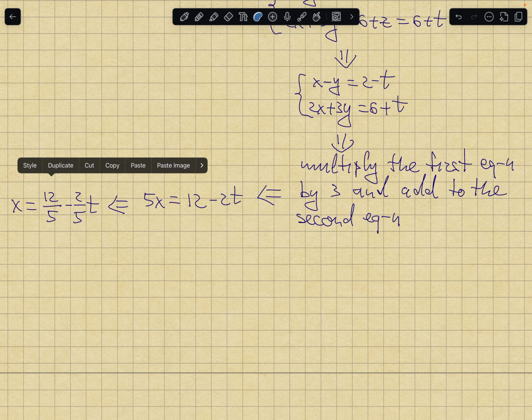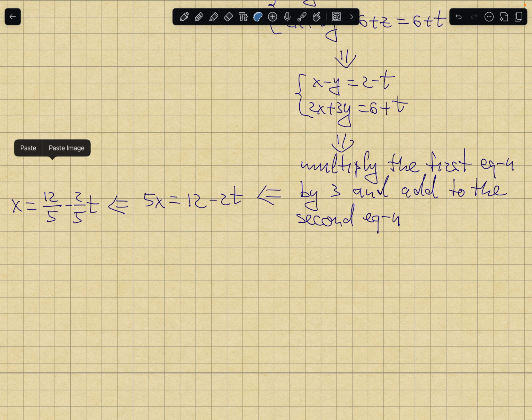So that is x. But also from the first equation, here, I know that I can solve it for y, so y is equal to x plus t minus 2.